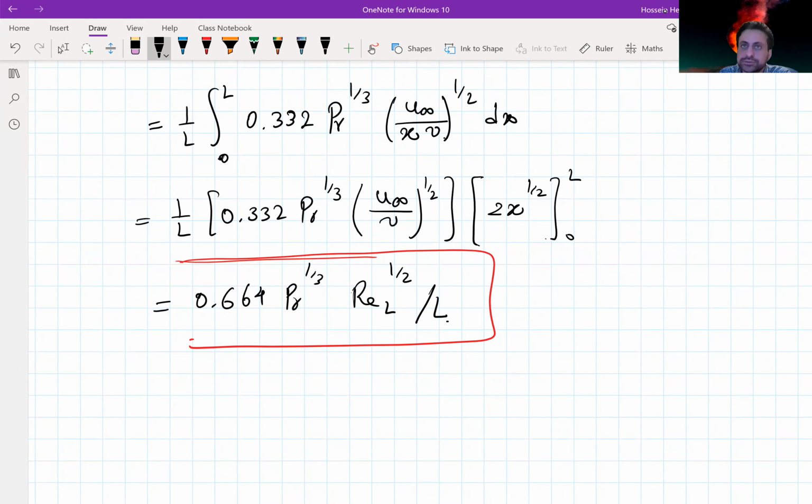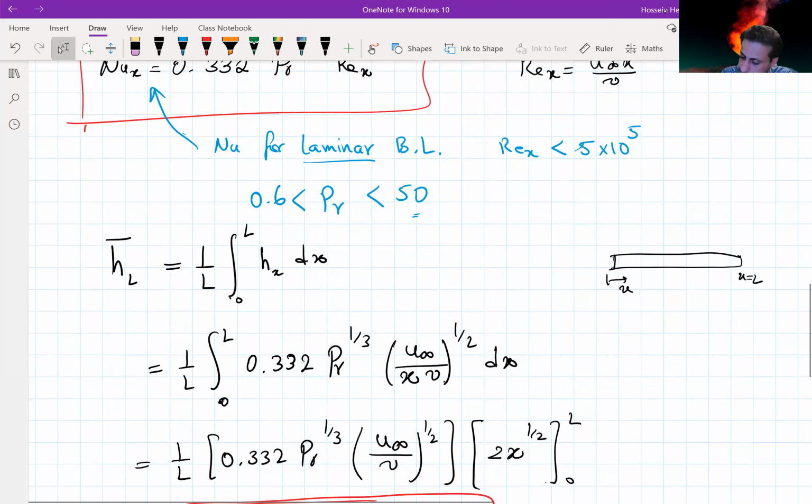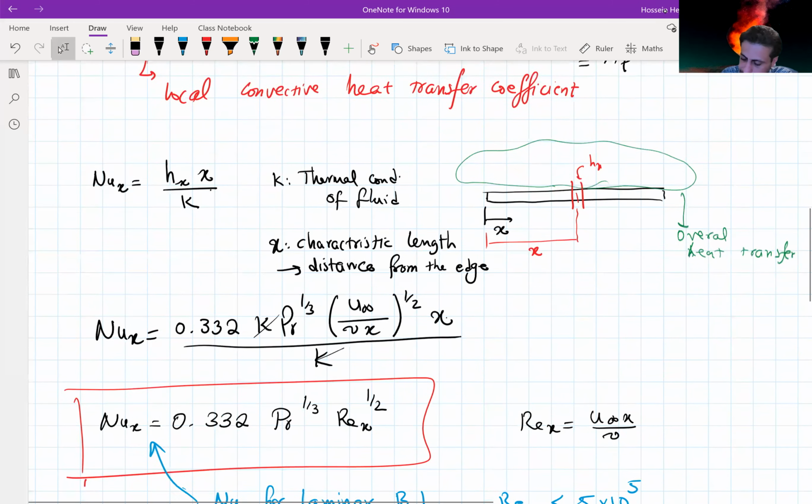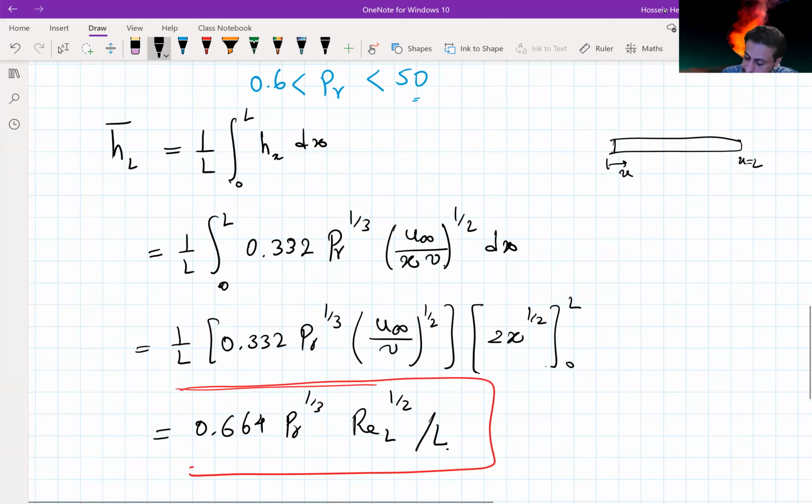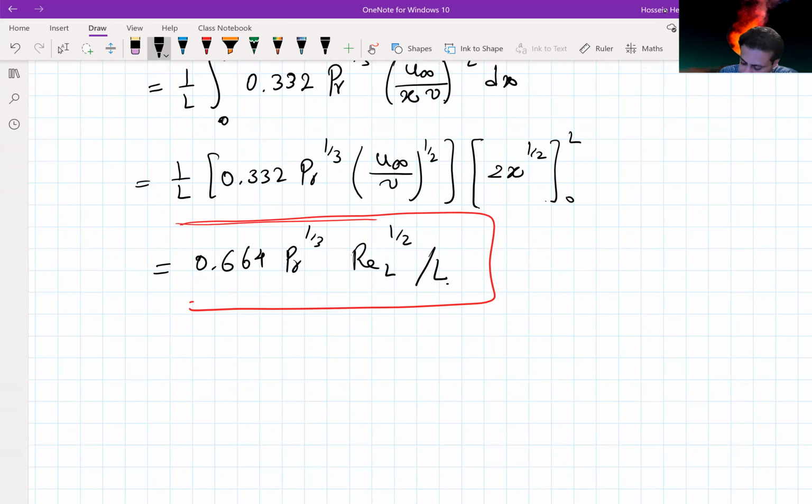Now, if I compare this with the formulation for the h of x here, you're going to find out this average heat transfer coefficient is going to be 2 times the local heat transfer coefficient evaluated at the rear edge of the plate.